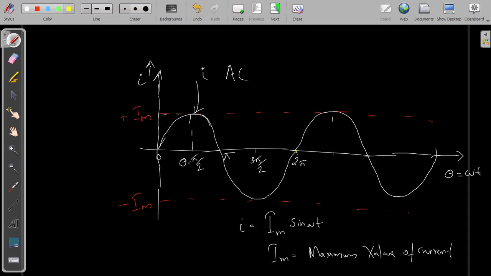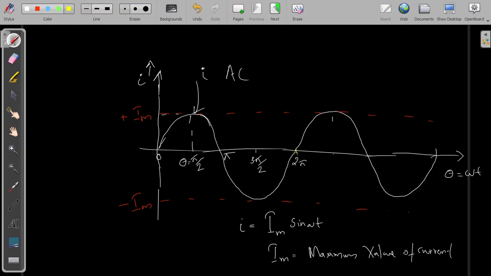In this case we have 0 to 2 pi. After 2 pi all the values are repeating for this waveform. So the period, in terms of angle, after which the waveform is repeating is known as a cycle.